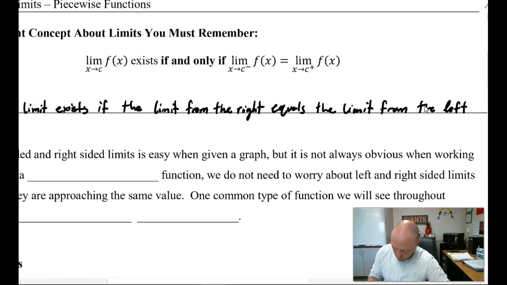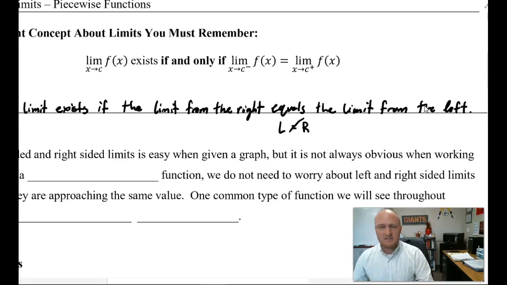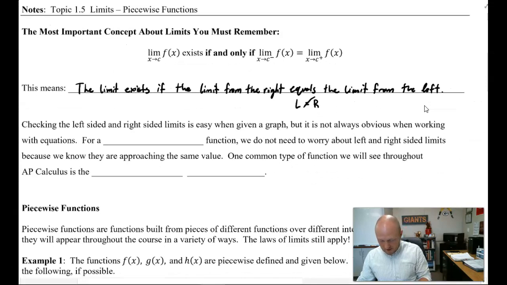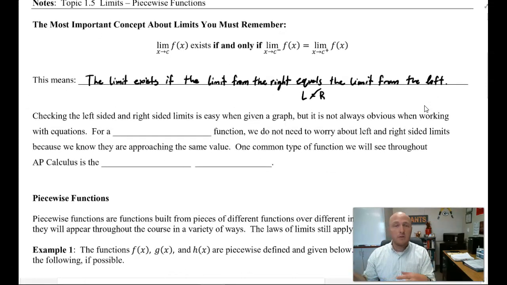Sometimes you'll see people abbreviate it as this: the left is equal to the right, or the left is not equal to the right, if they're denoting why a limit does not exist. So remember, the limit from the left has to equal the limit from the right.